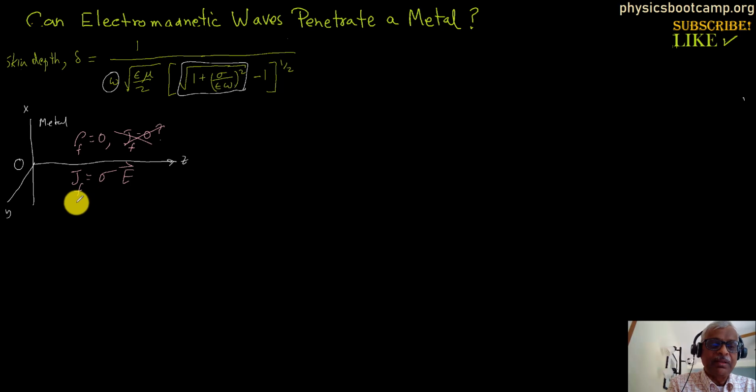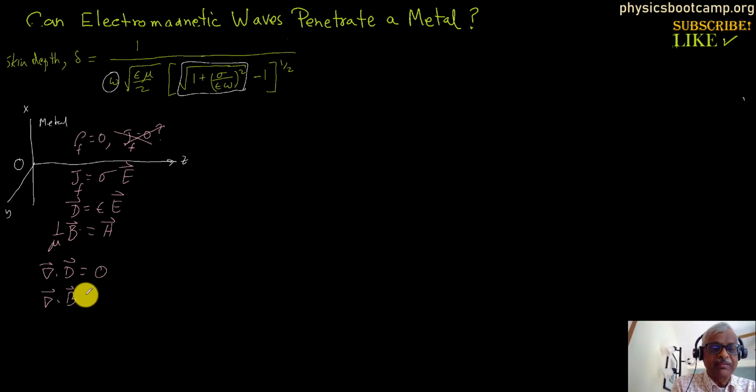And then you have D equals epsilon E, and then you have 1 over mu B equals H, right? And the laws are del dot D equals rho_F, and rho_F is 0, so it's going to be 0.